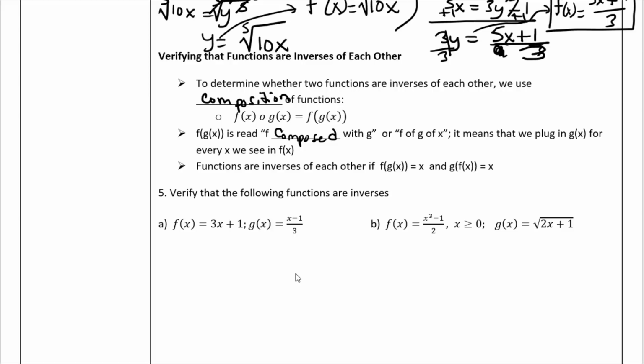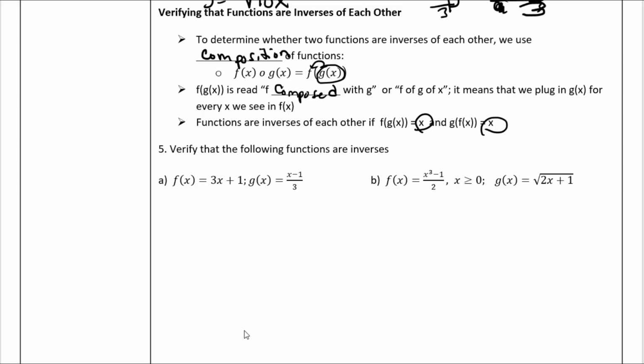And what this means is that you're basically plugging in g into every x in f. Okay, so if you were to do this and you were to get x as your value, that would tell you that they're inverses of each other. So let me show you how this works.